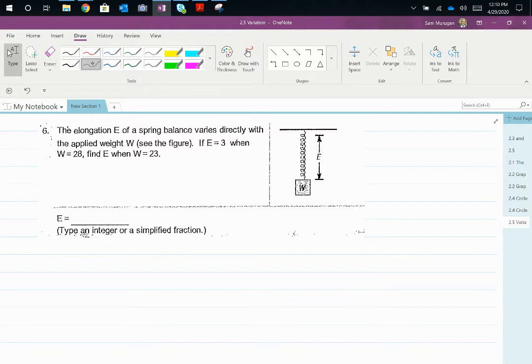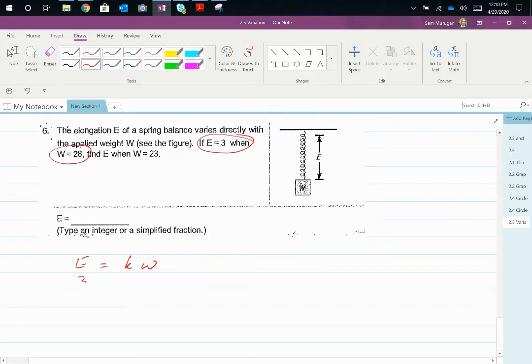The elongation of a spring balance varies directly with the applied weight W. So the elongation E varies directly with W. Given when E is equal to 3, W is equal to 28. So 3 is equal to 28K. So K is equal to 3 over 28.